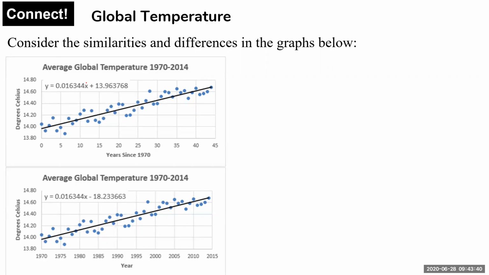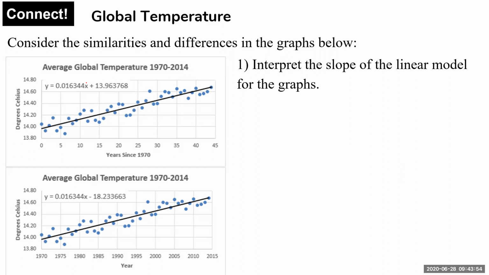Now we want to consider the similarities and differences in the graphs below. Observe these two graphs closely, and we are going to look at the difference. Now we want to interpret the slope. This is the slope, the value of the slope. How do you interpret the slope?